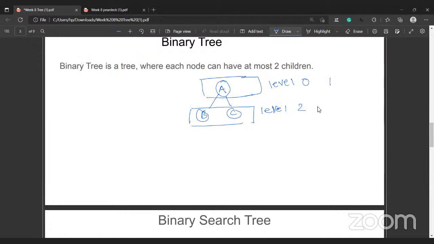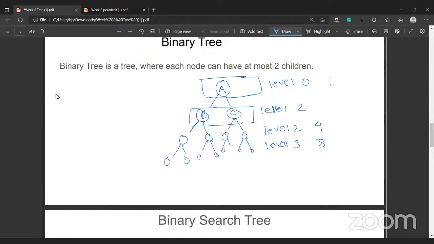At level 2, at most four nodes, right? At level 3, at most eight. 2 cube, 8. At level 3, 8, right?